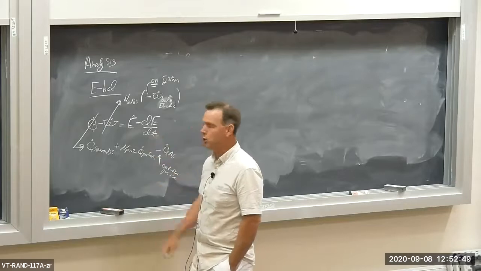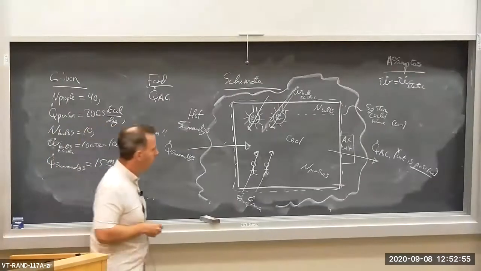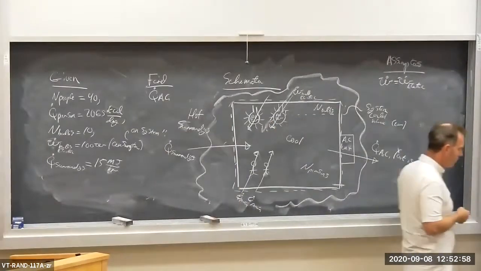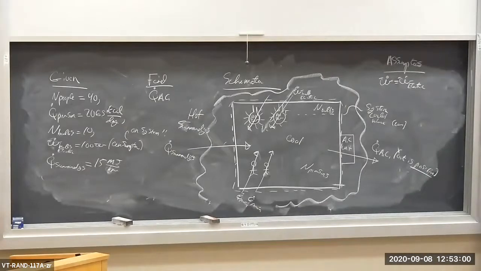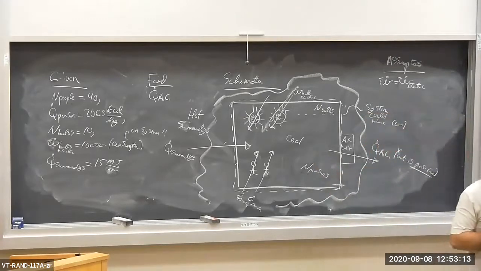What about this change in energy within the system over time? I don't get a sense in the problem that the temperature is going up or down over time. This would appear to be a steady state problem. No changes with respect to time. The amount of energy within the room, the total energy, and that's related to temperature, is assumed to be constant.